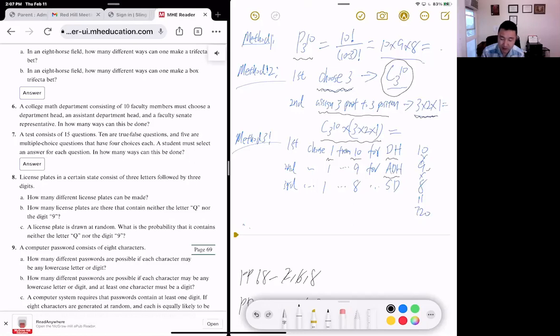The third step is we choose 1 from the remaining 8, because we have chosen 2 already, for the Senate representative position. So 10 times 9 times 8, we get 720. All 3 methods give you the same answer.